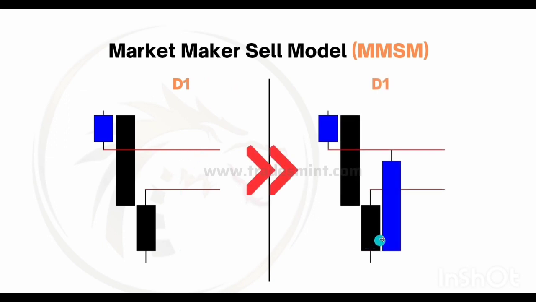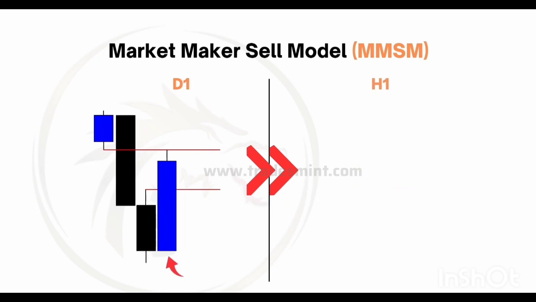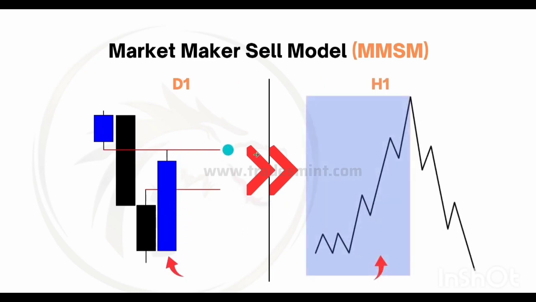So we anticipate a buy program as the retracement leg of a market maker sell model. The algorithm will reprice to the sell side imbalance, and this whole retracement higher looks like this on a 1 hour time frame. This is the buy side delivery in a smaller fractal of this retracement on the daily time frame, prior to price reaching the higher time frame premium level of this sell side imbalance buy side inefficiency.